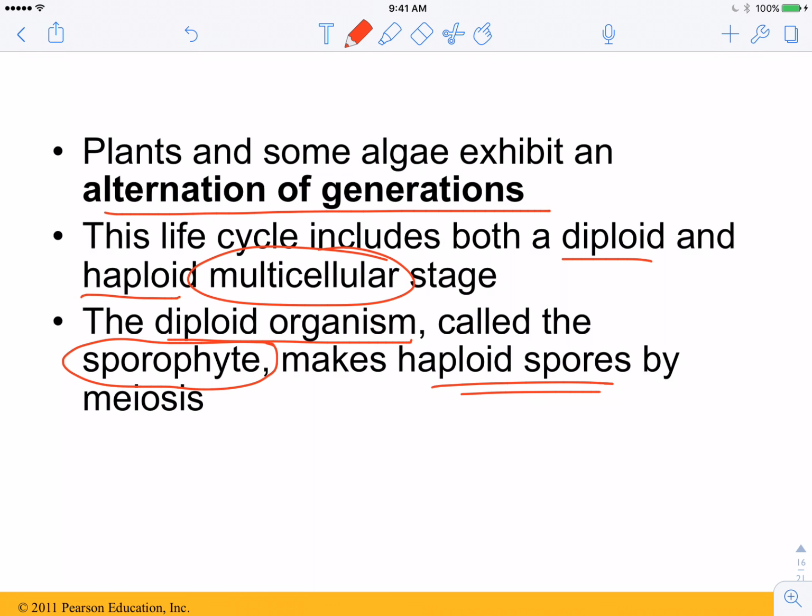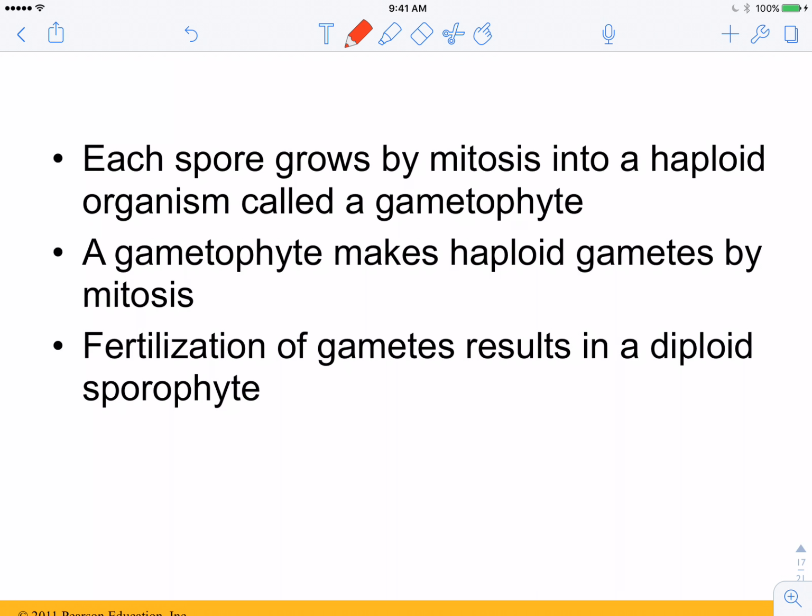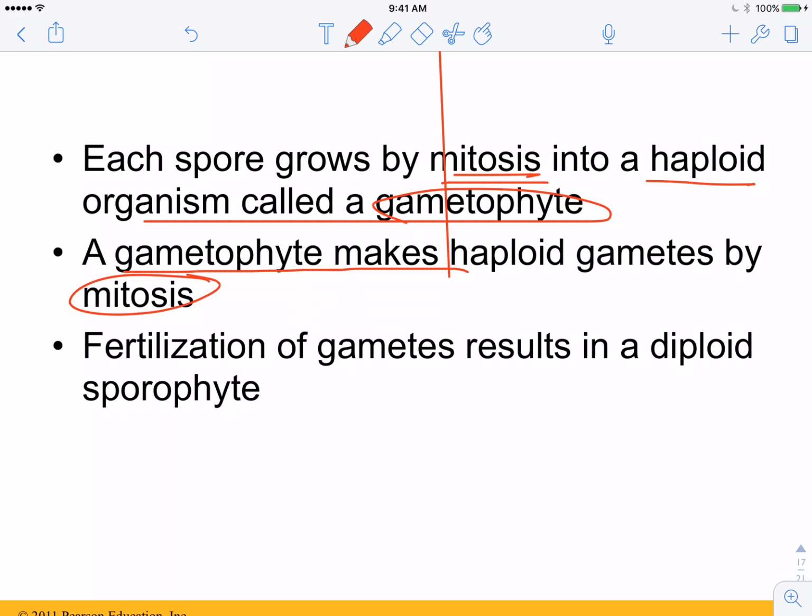The spore divides via mitosis into a haploid organism called a gametophyte, and the gametophyte makes gametes via mitosis. Fertilization of gametes results in a diploid sporophyte, which then divides via meiosis to make spores, and so on.